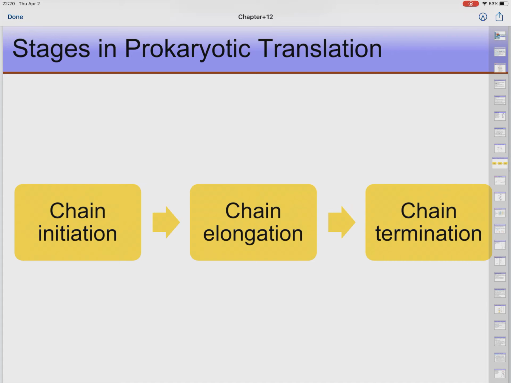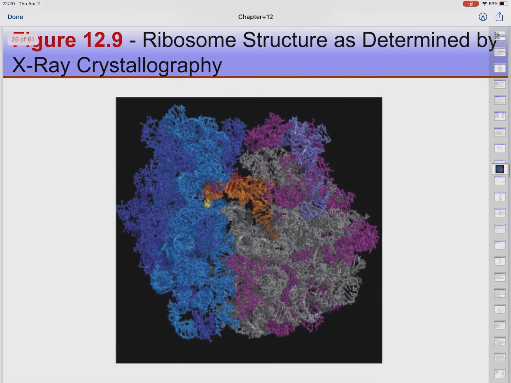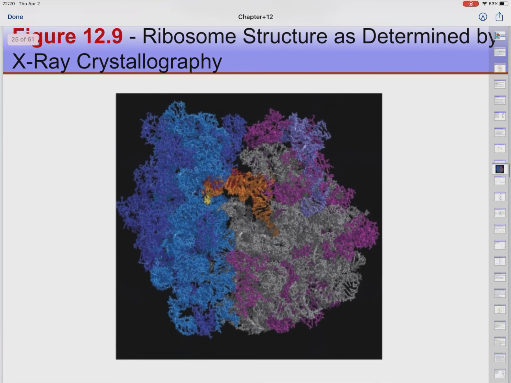Okay, so chain initiation, chain elongation, and chain termination are, again, similar to transcription, the stages in translation. What we can see here is an X-ray crystallography structure of a ribosome, shown in blue, with a tRNA here in orange.